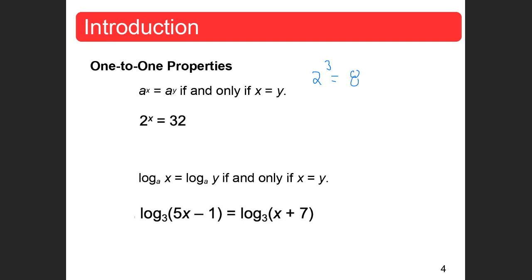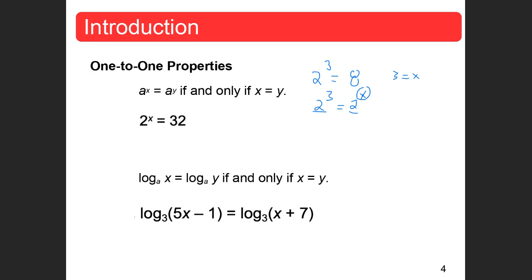If I rewrote 8 as 2 to the x power, and I wanted to solve that, well, if the bases are the same, we know the exponents have to be equal. So 3 is equal to x, x would equal 3. Same thing with logarithms.